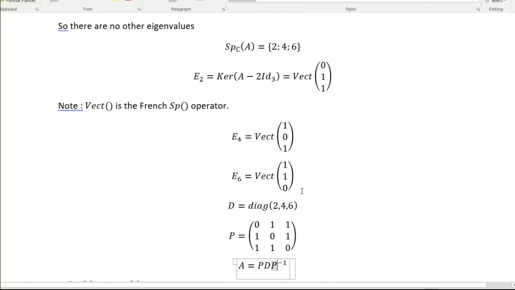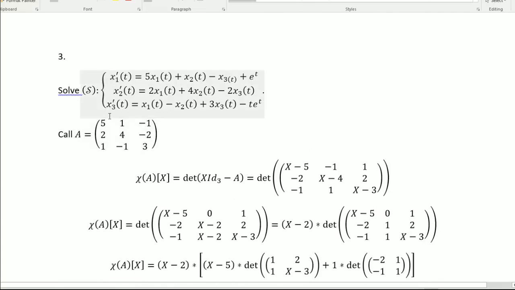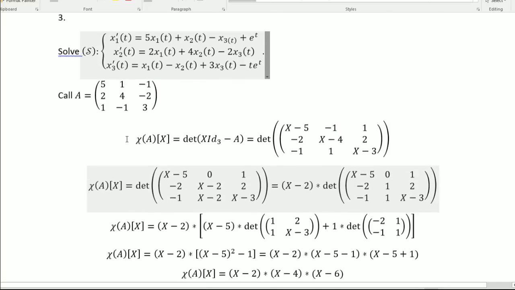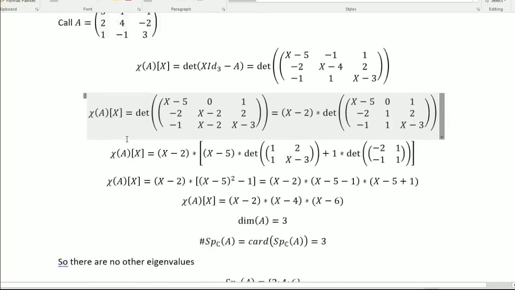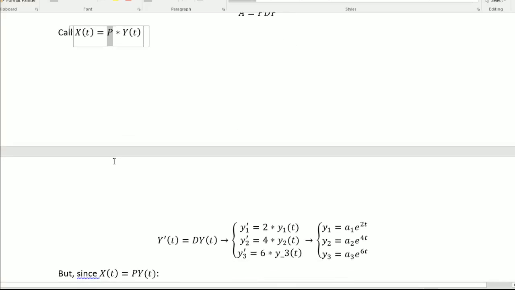So I call X the matrix with x1, x2, x3, and I call Y a matrix of y1, y2, y3 that are actually the same, but with the matrix P that changes the base.